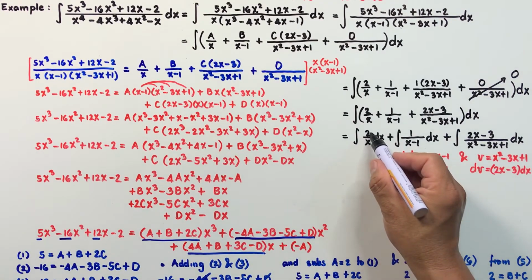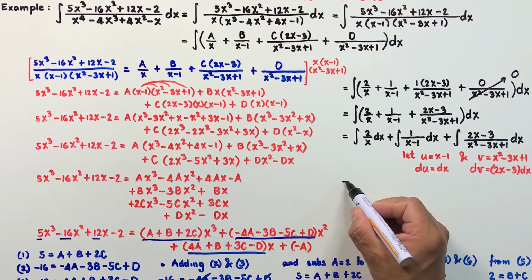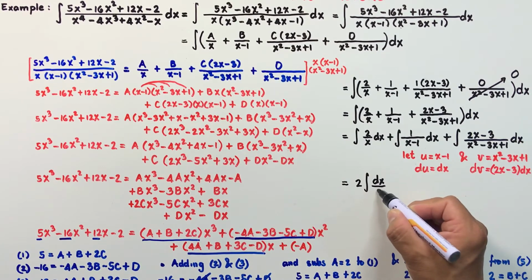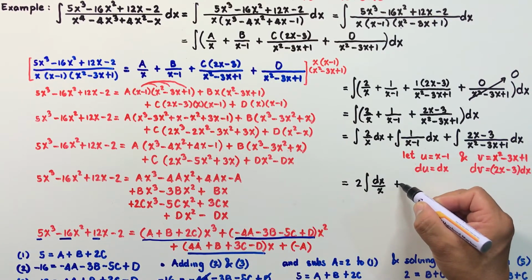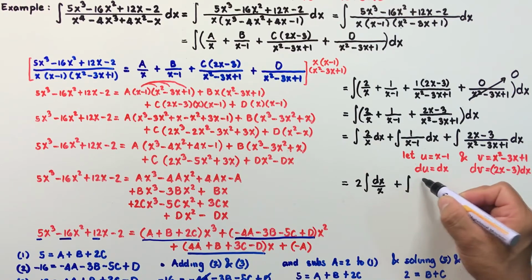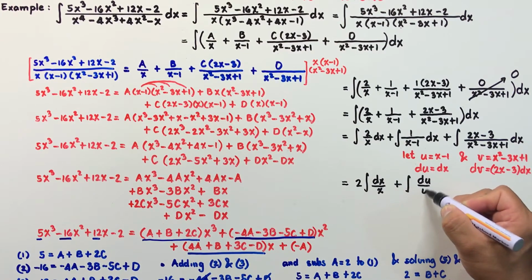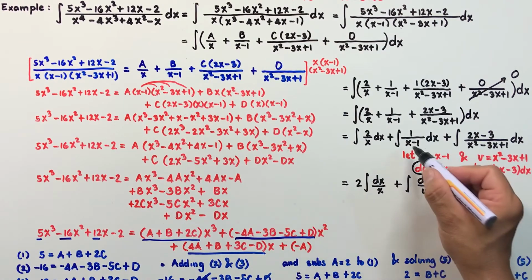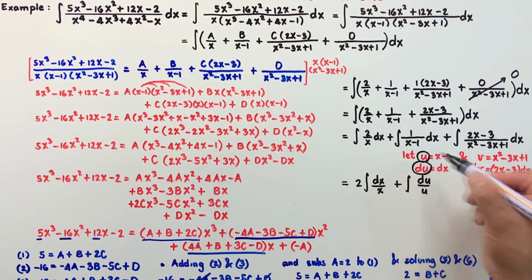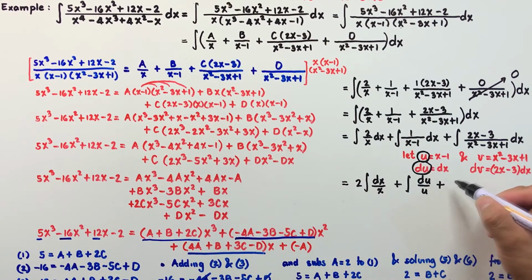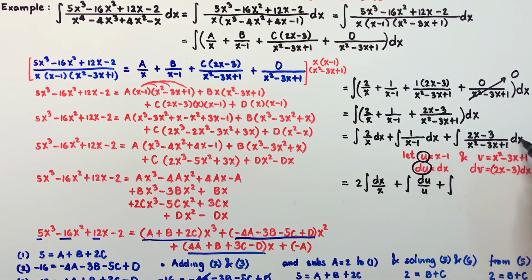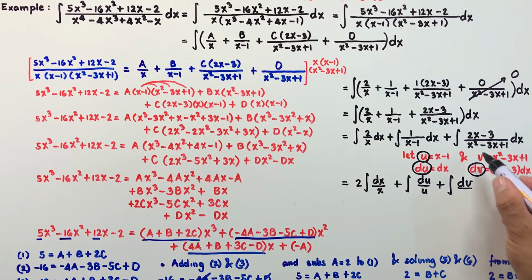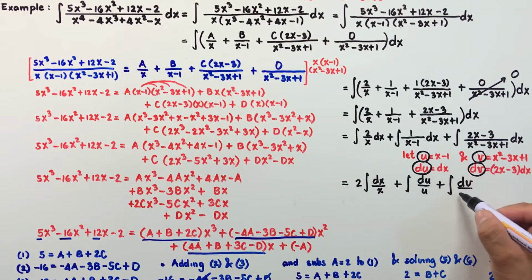So factoring this constant outside the integral symbol, we have 2 times the integral of dx over x, and this is added to the integral of du over u, because 1 dx is our du here, and this denominator x minus 1 is our u, and this is added to this one here, which is our dv, and our denominator here is our v.